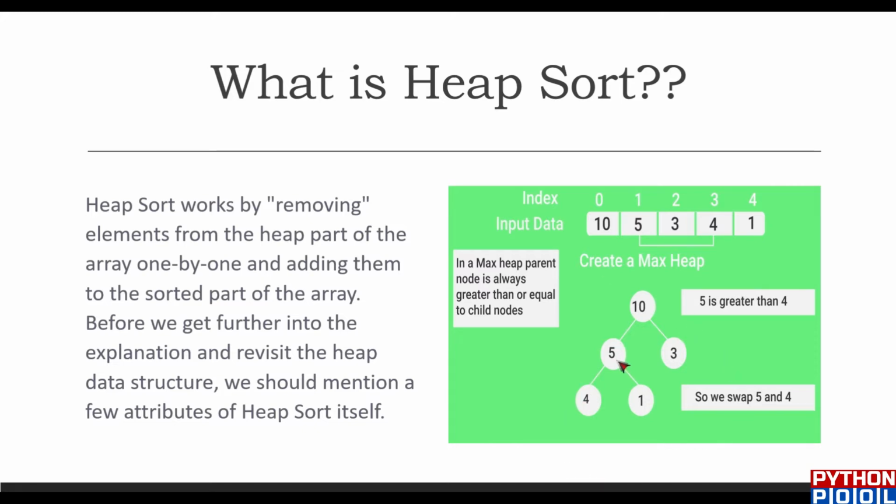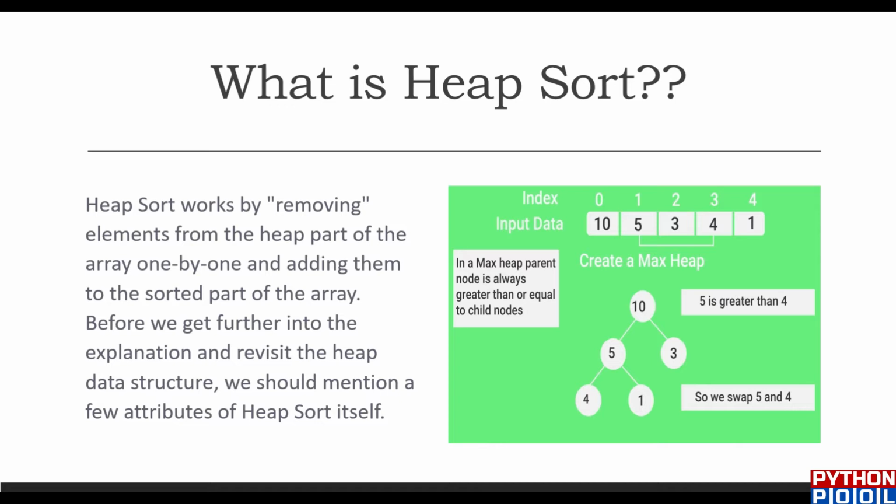Once again, what is the maximum element? That is 5. Root element, that is 5. So that 5 would be popped out from the list, stored in the ordered list, but before 10. So next time, an element which is smaller than 5 would be stored before 5. So it appends the element one before the other, not one after the other.